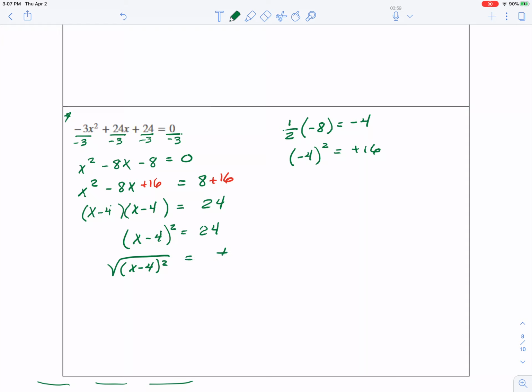And again, accounting for both a positive principal square root and the negative square root. And I'm going to go ahead and split this 24 into 4 times 6. I'm doing the little simplifying step because I am going to be able to simplify by taking the square root of 4.